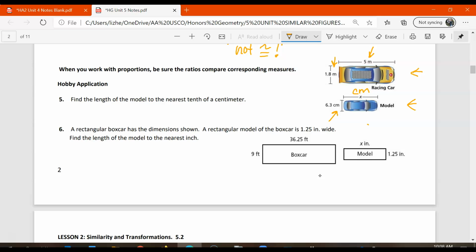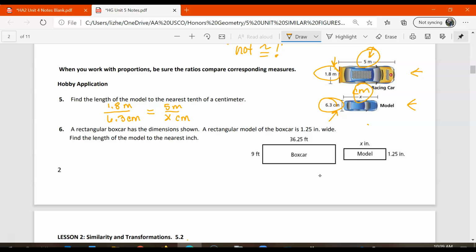I can write up a little proportion, and I can say, okay, this to this, 1.8 meters to 6.3 centimeters equals this to this, 5 meters to x centimeters.